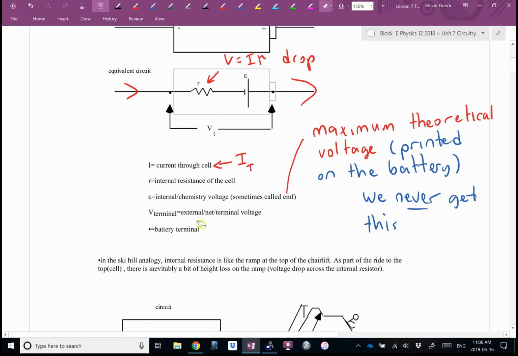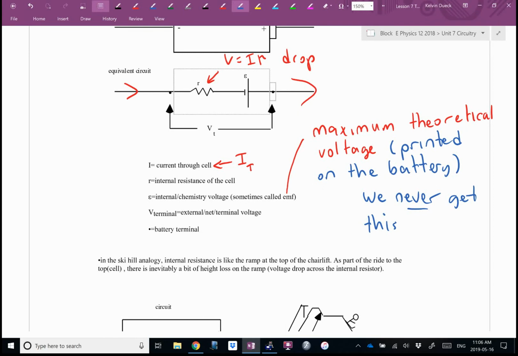V terminal, this is the actual voltage, and those little dots are designed to be the terminals. In my ski hill analogy, this little voltage drop right here is like when you get off the chairlift, you actually ski down a little tiny hill, a little bump, before you go to your ski run.